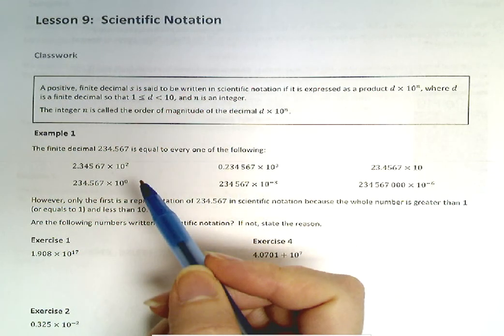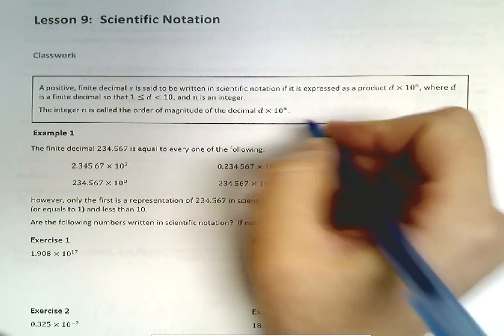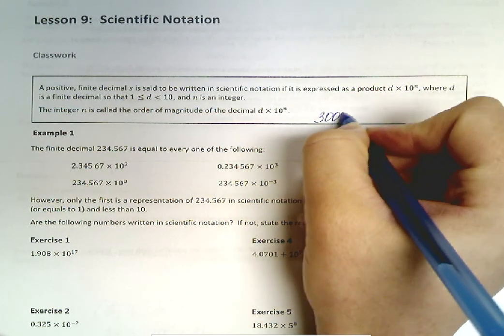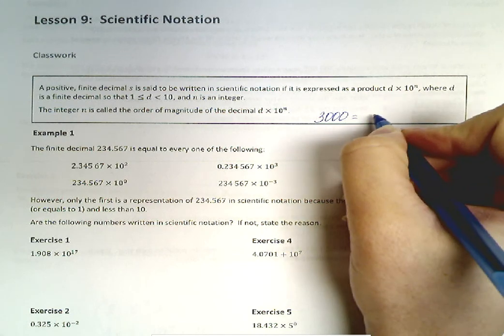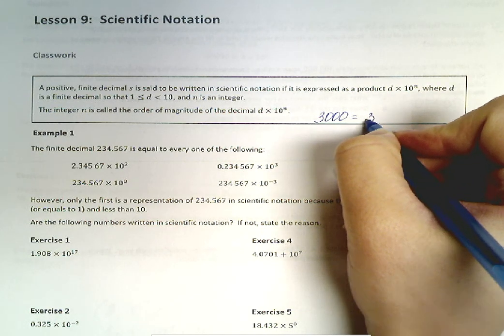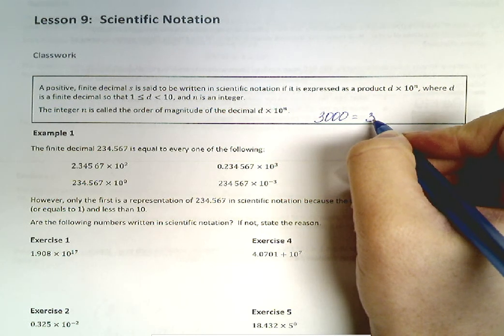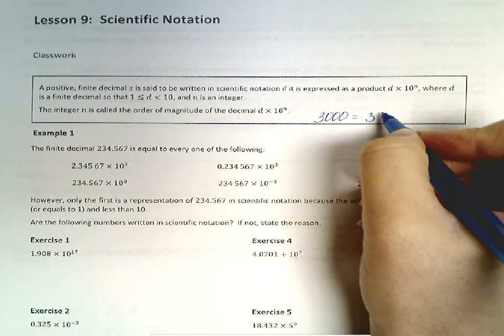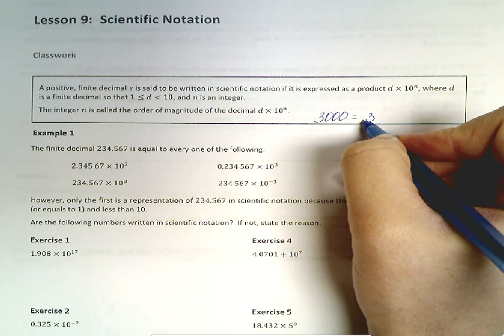So what really is scientific notation is when you have a number, let's say 3,000, written as a single digit that is more or equals to 1 or less than a 10. So we can have 3. We cannot have 30 because it's more than a 10. Or we cannot have 0.3 because it's less than a 1.